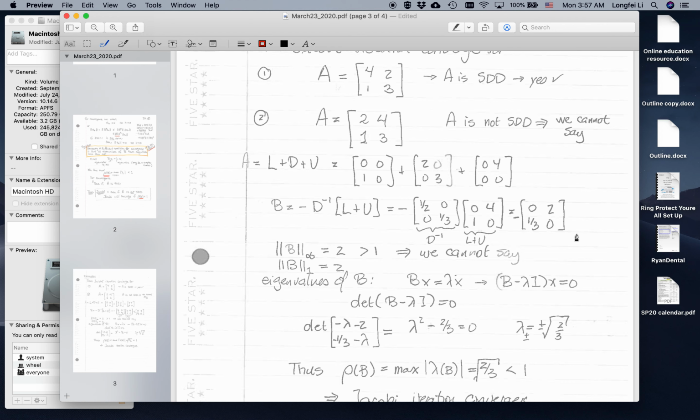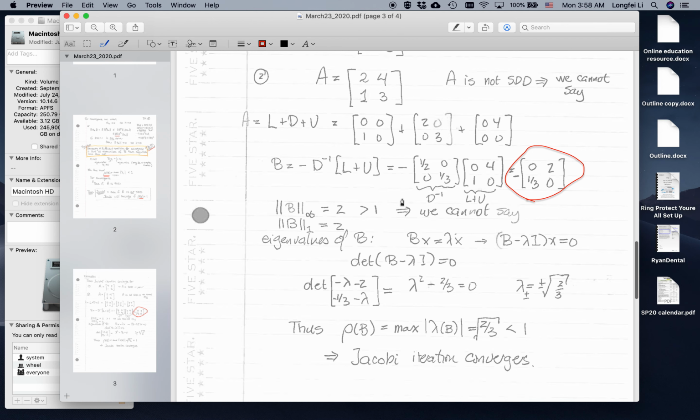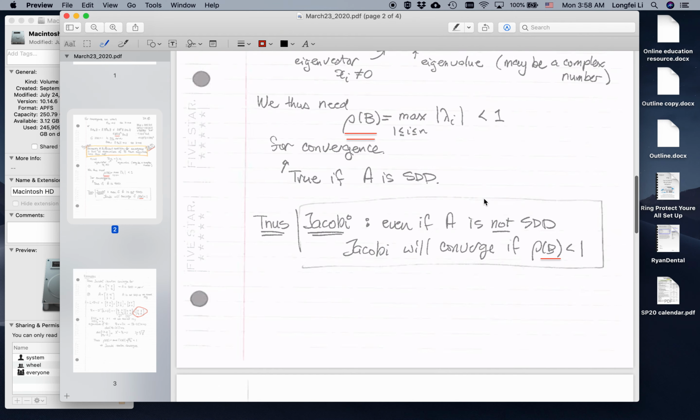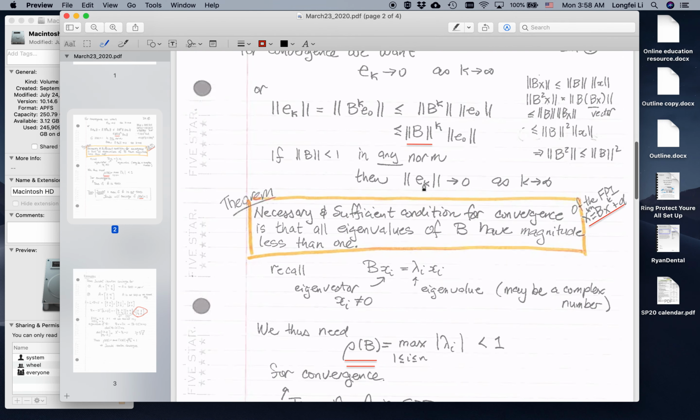And we got our B matrix here. It's easy to see, as we've told you how to compute the infinity norm, the absolute row sum. So the infinity norm of B is 2, which is greater than 1. The 1 norm is 2, which is also greater than 1. We cannot say whether or not the condition that the norm is less than 1 is satisfied.